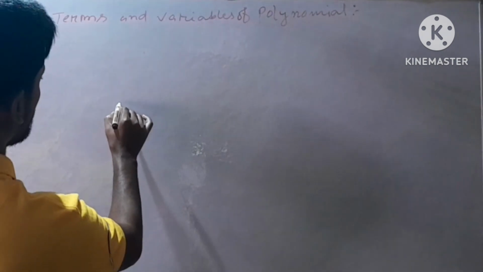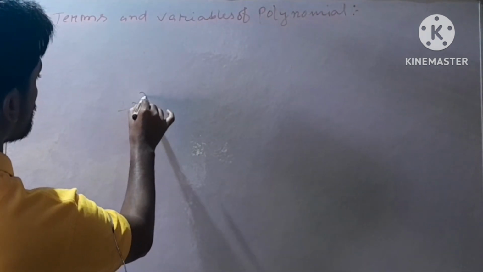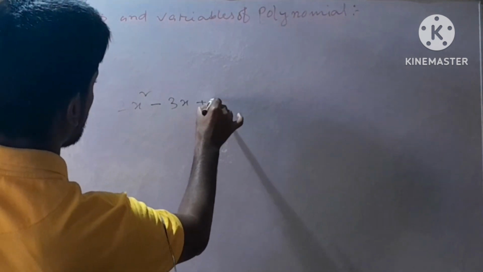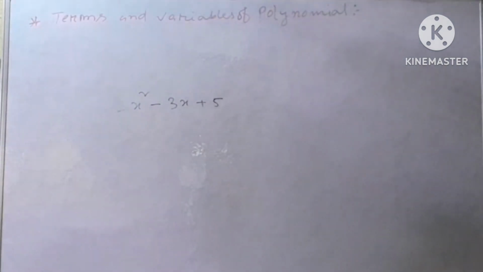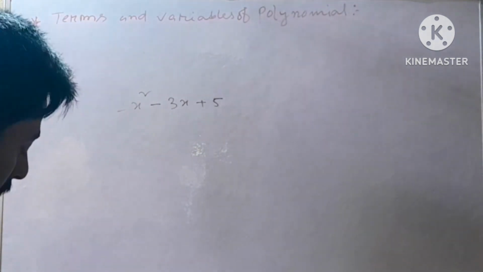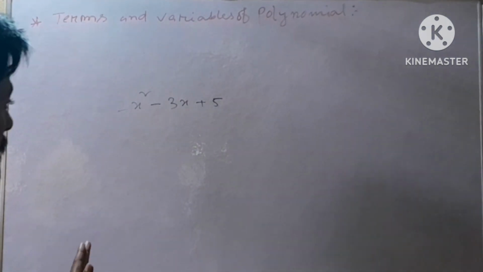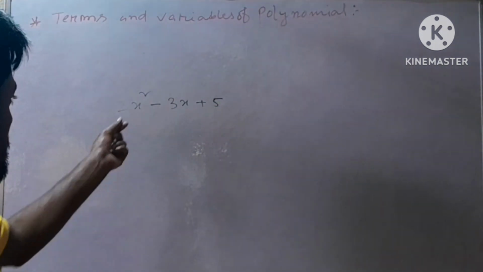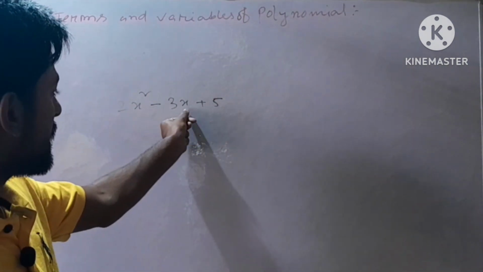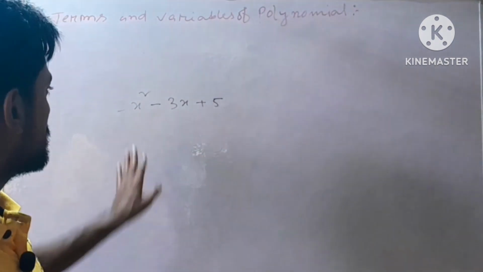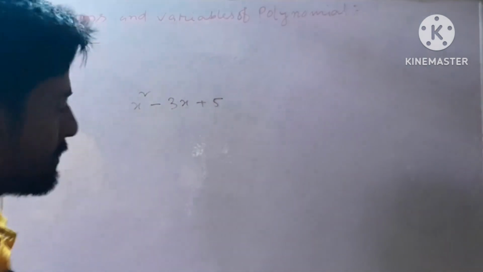So let us consider a polynomial 2x square minus 3x plus 5. Now we have to know here variables. Variables means English alphabets present in the polynomial, like x, y, z. So these will be variable.